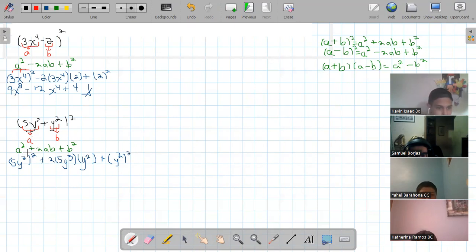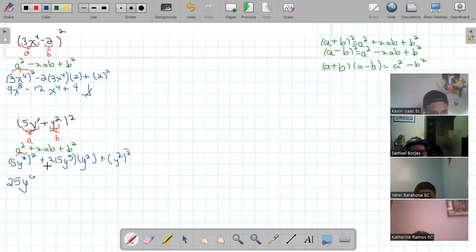We do power of a power in this case and in this case, okay? So how much is 5y cubed to the square? 25y to the 6th power, because we multiplied the 3 and the 2.